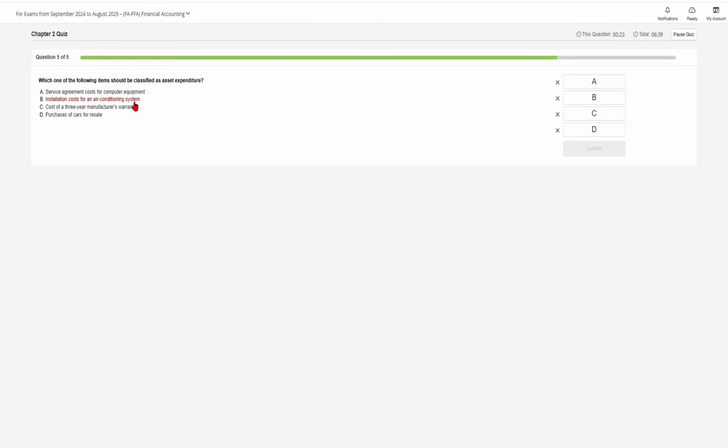Yes, this could be our asset expenditure, as we are going to use it for more than 12 months. Cost of 3-year manufacturing warranty. Again, warranty is an expense, not an asset. Purchase of car for resale. Again, resale means it's inventory, so we are not going to use the car for more than 12 months. So B seems to be correct.